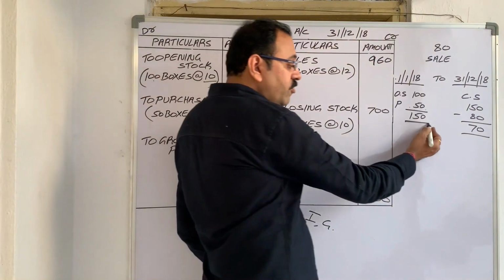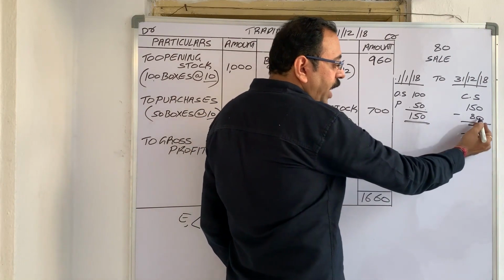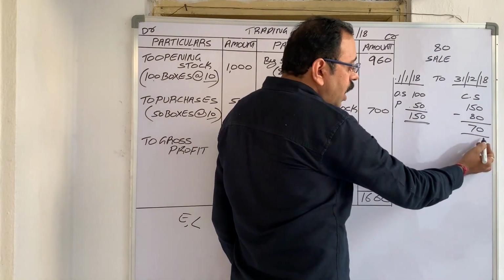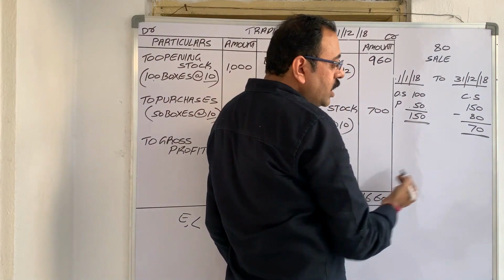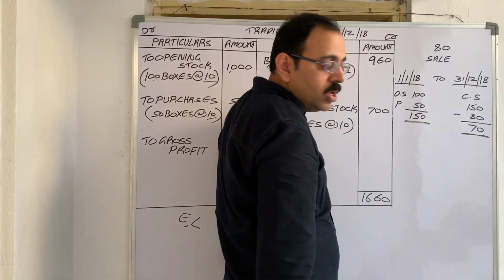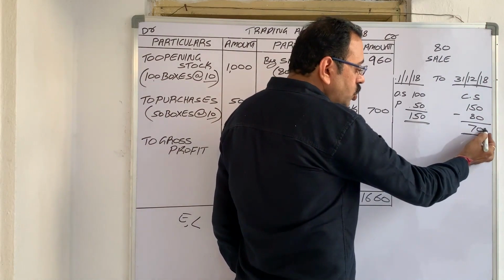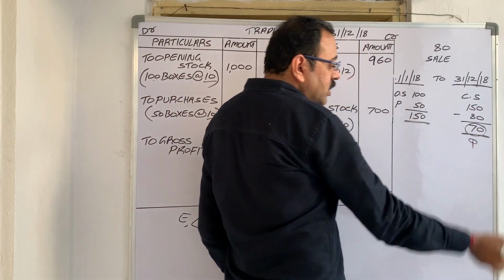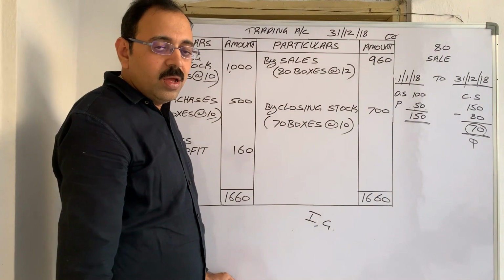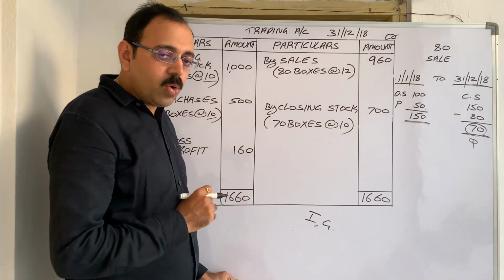Now, out of 150 boxes, if 80 boxes are sold, then how many boxes are remaining with us? 70 boxes. So on 31st December 2018, closing stock quantity is 70 boxes. At what rate do we have to calculate closing stock?